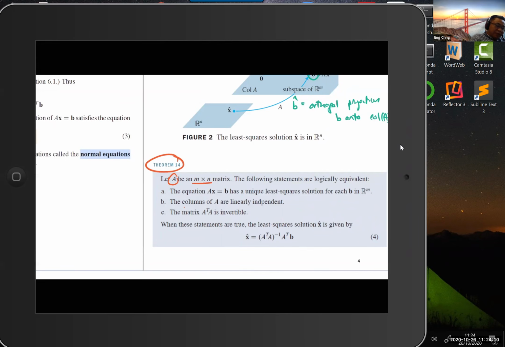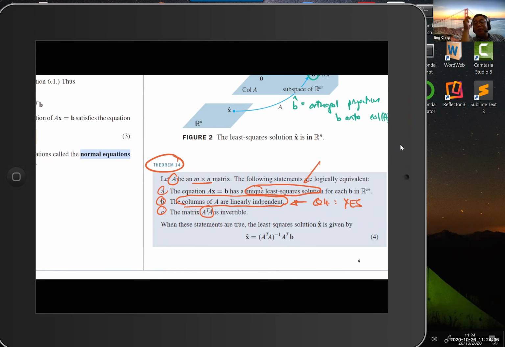The columns of A are linearly independent. And in our question number 4, we check, yes, they are linearly independent. That means all these are equivalent. It means that A transpose A is invertible, which we have seen in question number 3 and question number 2. And it has a unique least square solution.